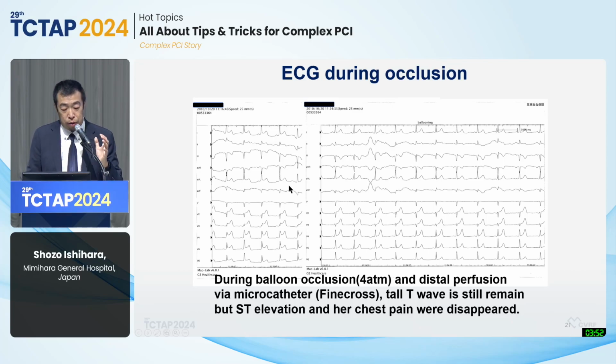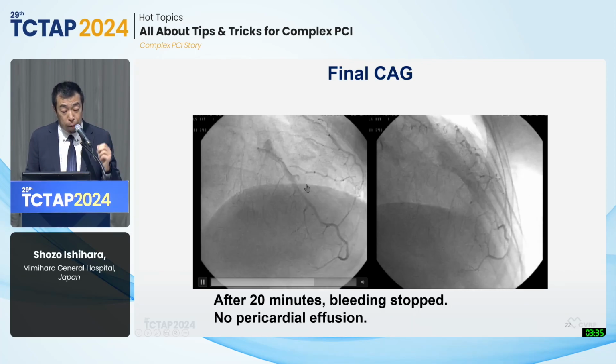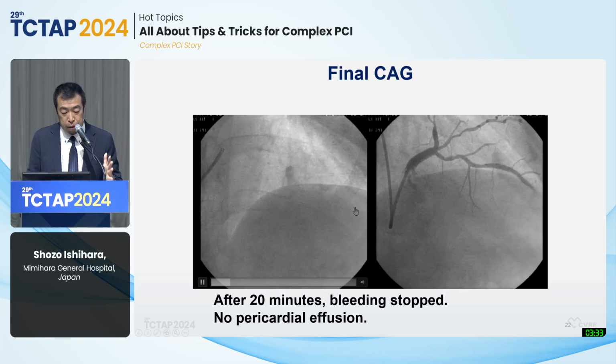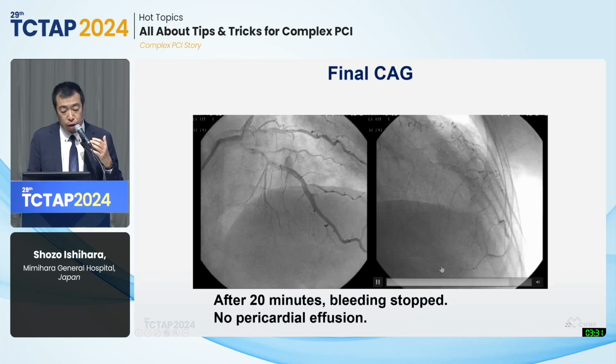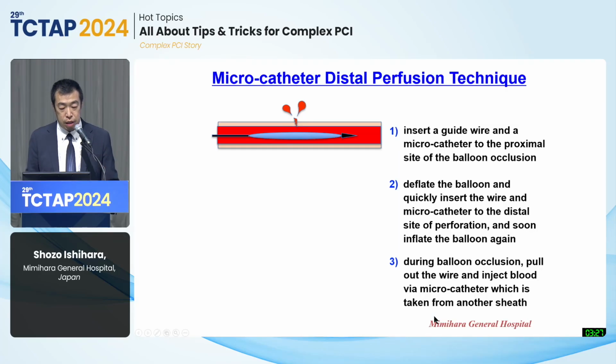We can see on the ECG that ST elevation was shown during occlusion, but it decreased during distal perfusion with the blood. After 20 minutes of balloon tamponade, bleeding stopped, fortunately there was no pericardial effusion, and the patient could be discharged. I will show the schema of this technique.